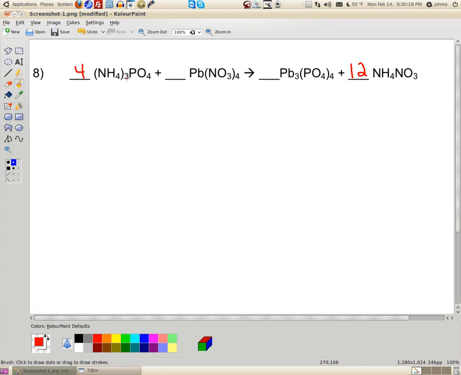So far I'm balanced. Here I have 1 Pb, here I have 3 Pbs. So I need to put a 3 here. Now when I do that, that gives me 3 Pbs, 3 Pbs, and believe it or not, it gives me 3 times 4 is 12, 12 NO3s, and over here I have 12 NO3s. So believe it or not, we're already balanced. So the answer is 4, 3, 1, and 12.